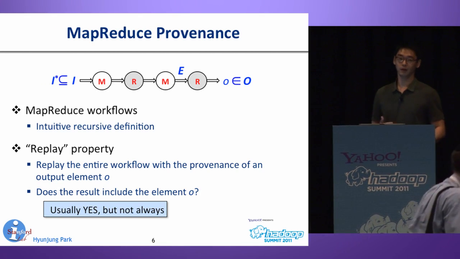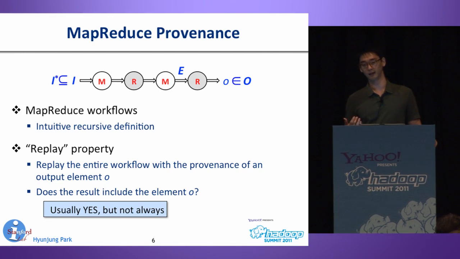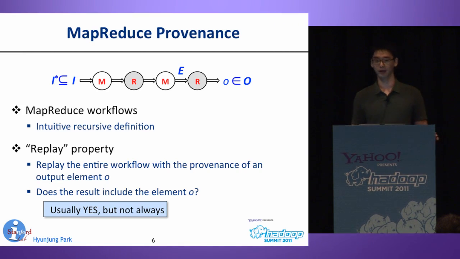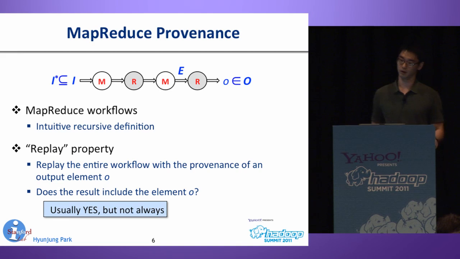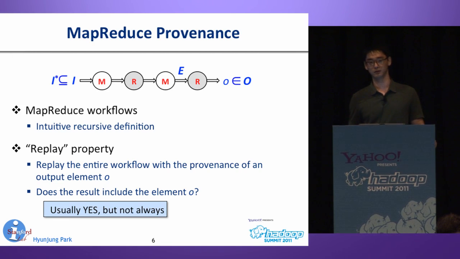That is, if we rerun the entire MapReduce workflow with the provenance of an output element as the input data set, can we see the same output element in the result? The answer to this question is usually yes, but not always. If you're interested in the exact condition when this property does or does not hold, you can take a look at our research paper from CIDR 2011. For now, it's fair to say that in most cases, this replay property does hold.